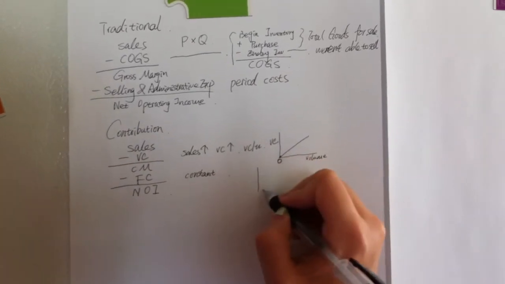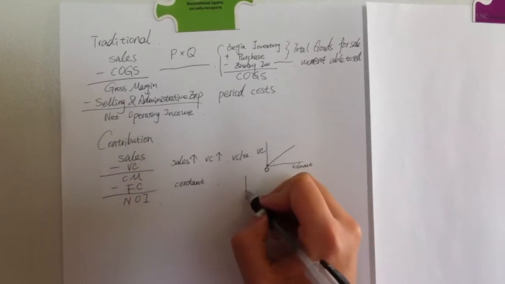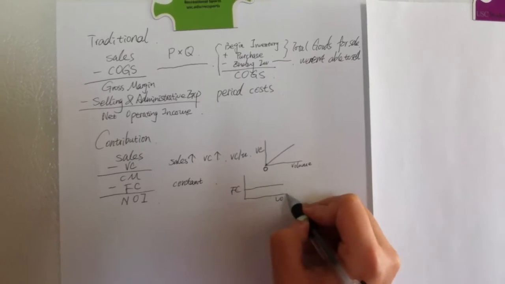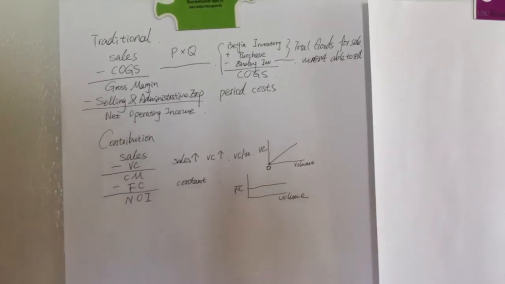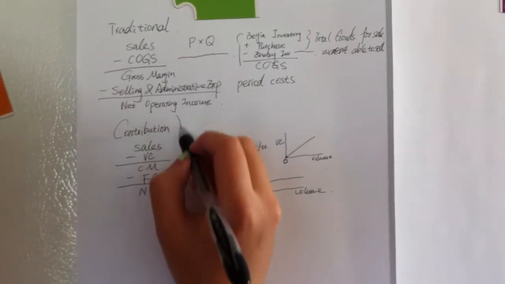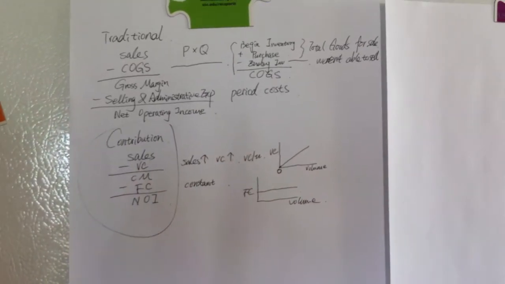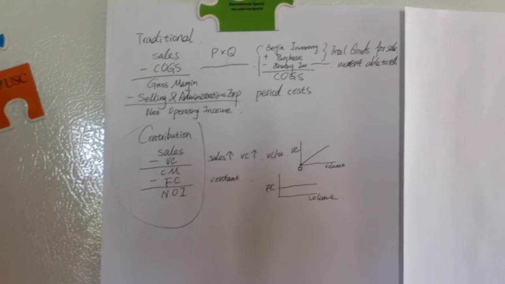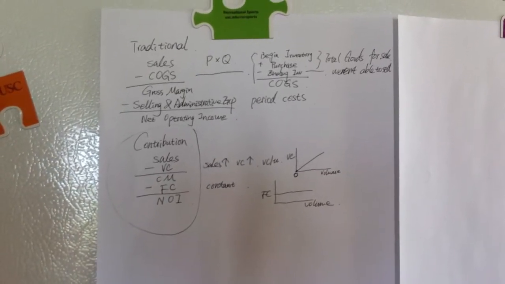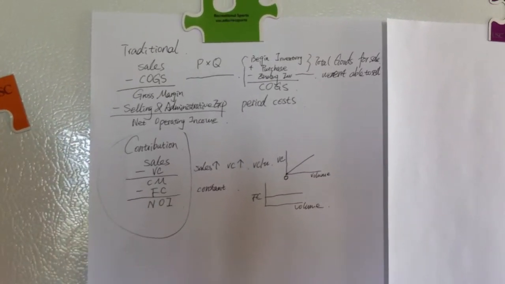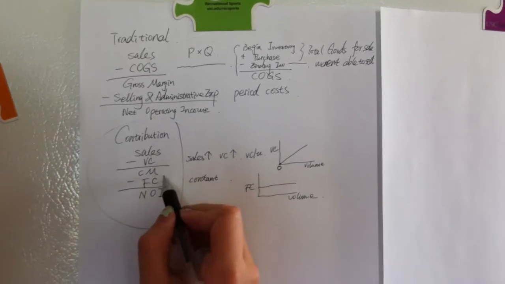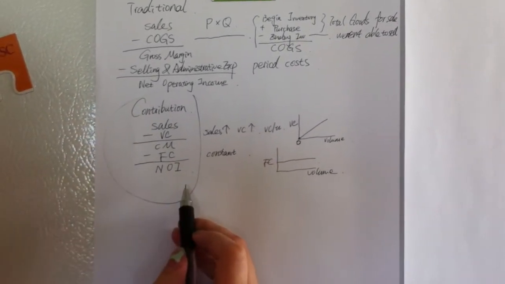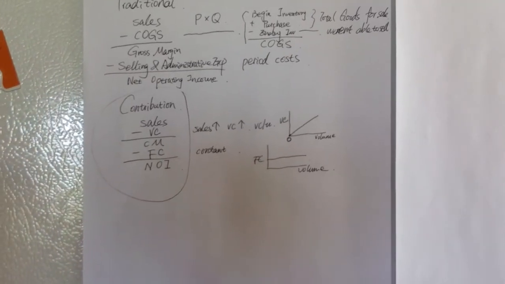If we represent it on a graph, it will look like this. Fixed cost and volume. Now this income statement is very important for companies, and this is usually the information that companies do not want to release to the public. Okay, and the contribution margin tells you how much net operating income you get after covering the fixed cost.